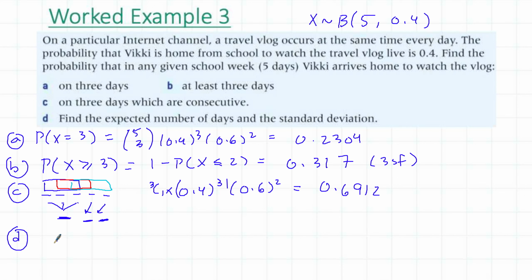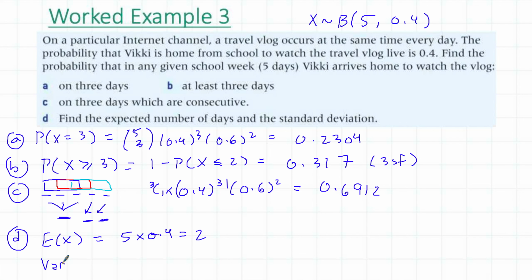And then the expected value, quite easy. We just multiply the 5 with 0.4, which means we get 2, which means as we repeat the experiment a lot of times, we are expected to get 2 days on average.